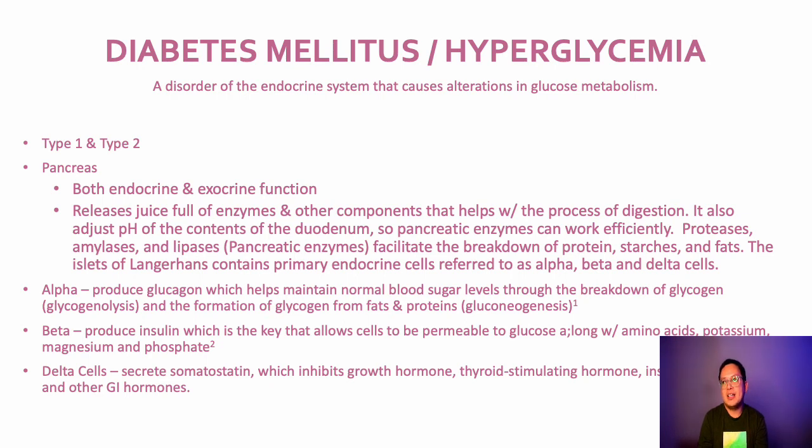Mao na nga makita nimo kung absence of insulin will cause a person to have diabetes mellitus. Early on, makita nimo pasyente nga mudaot sila, no? An abnormal release of stored body fat occurs because of a shift from carbohydrate to fat metabolism. Okay?